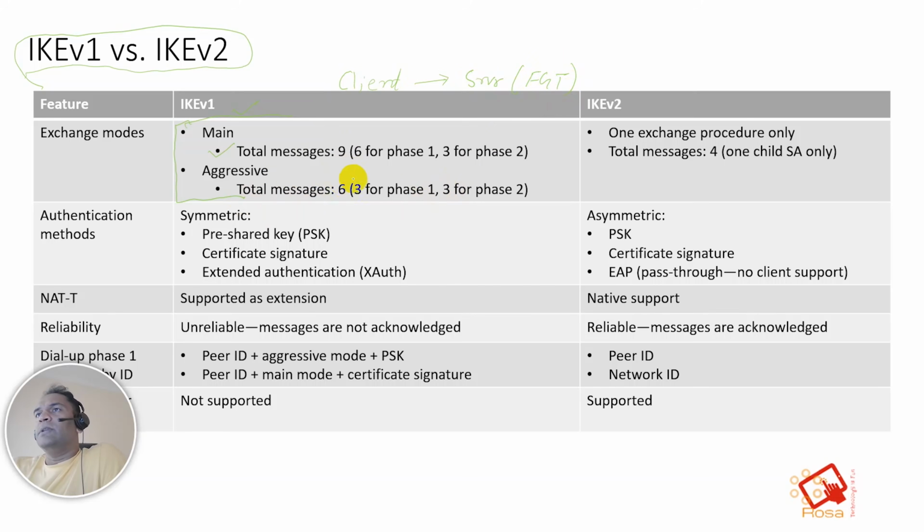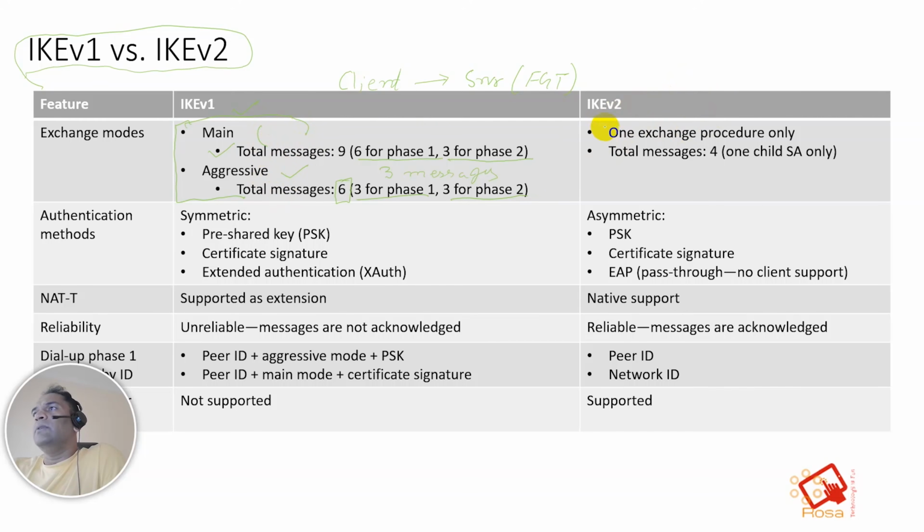In aggressive mode, a total of 6 messages are exchanged between the client and server. That is 6 for phase 1 and 3 for phase 2 in main mode, and 3 for phase 1, 3 for phase 2 in aggressive mode. So basically, aggressive mode reduces 3 messages and makes it faster. So if you want fewer messages exchanged between the client and server, use aggressive, otherwise main mode.